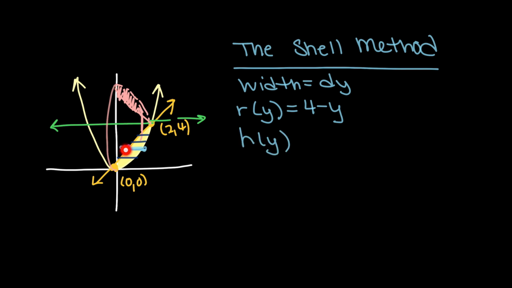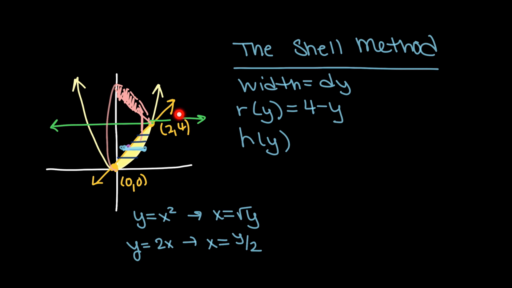The height of my cylinders is the length of these little rectangles. So I'll do right minus left to get that length. So that would be the parabola minus the line. But we're working in terms of y, so I need to take both of those equations and solve them for y. My parabola, y = x squared, becomes x = square root of y.